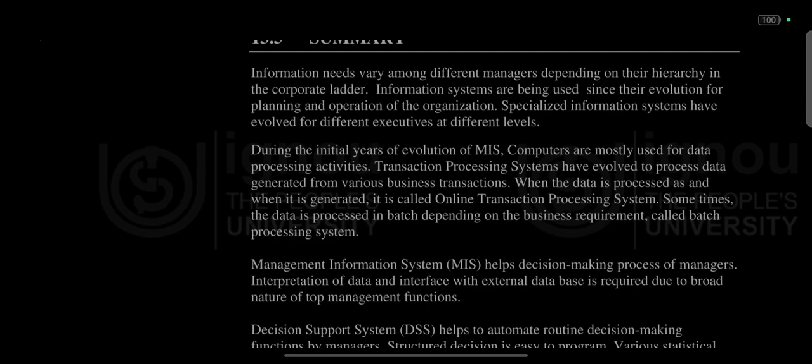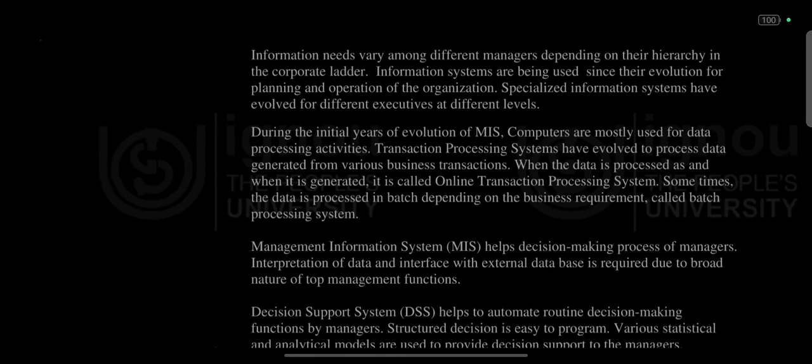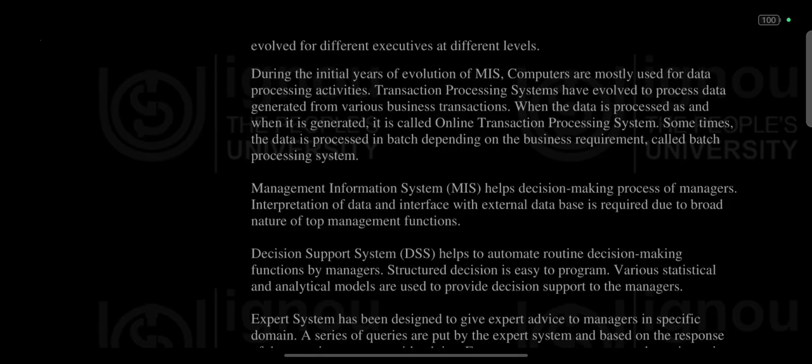Information needs vary among different managers depending on their hierarchy in the corporate ladder. Information systems are being used since their evolution for planning and operation of the organization. Specialized information systems have evolved for different executives at different levels. During the initial years of evolution of MIS, computers are mostly used for data processing activities.